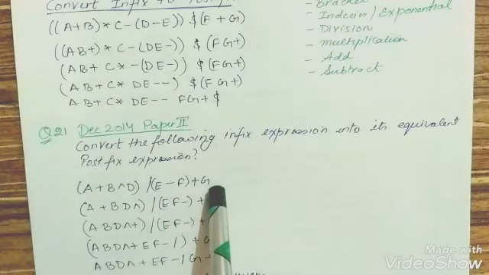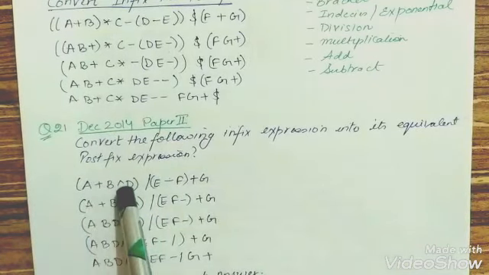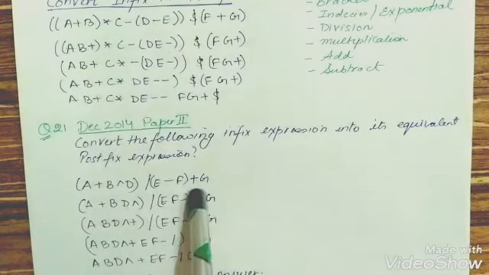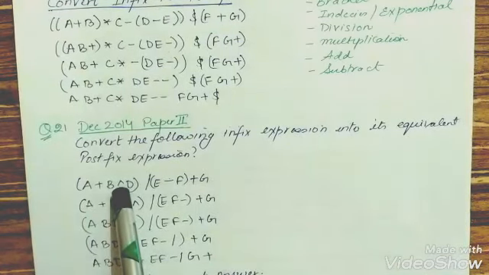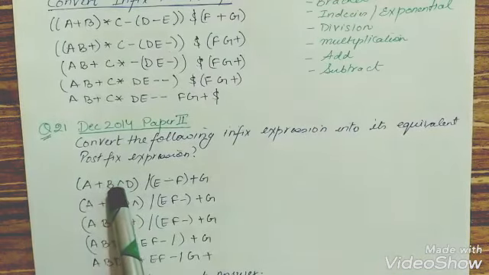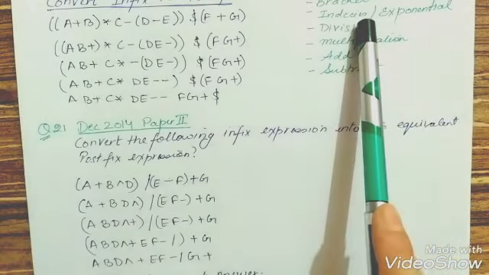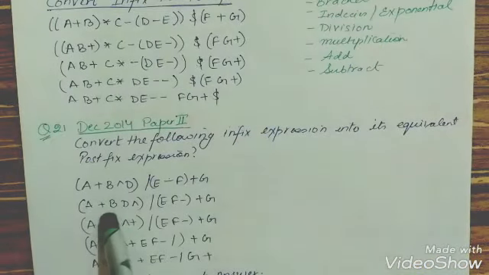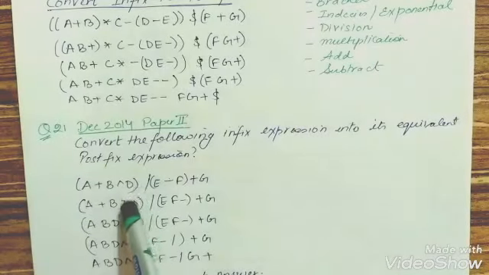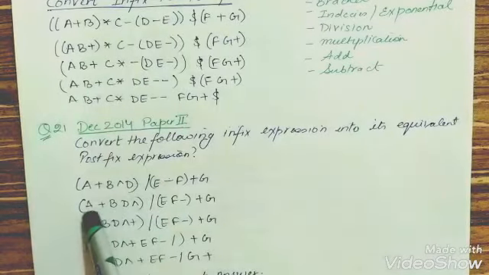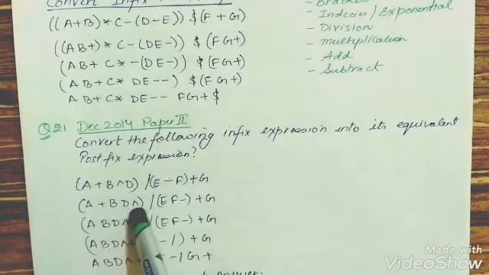So first things first, we are going to solve the brackets. All the operators inside the bracket will be solved first. As we know, over here we have plus and this exponential sign. So which has the greater precedence? Exponential or indices has the greater precedence. So we move this sign from here to the end and make it postfix. So it becomes a plus bd and this sign.